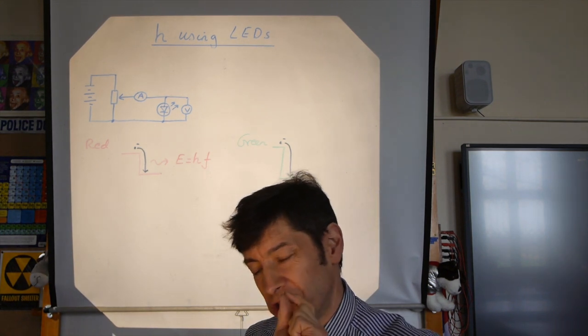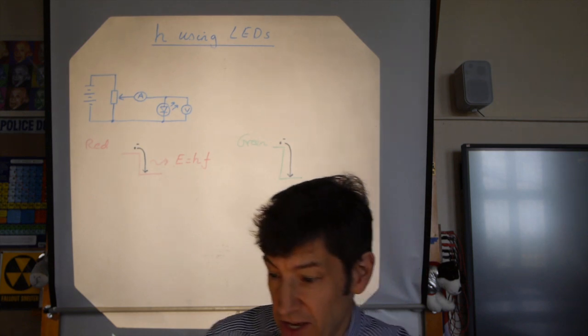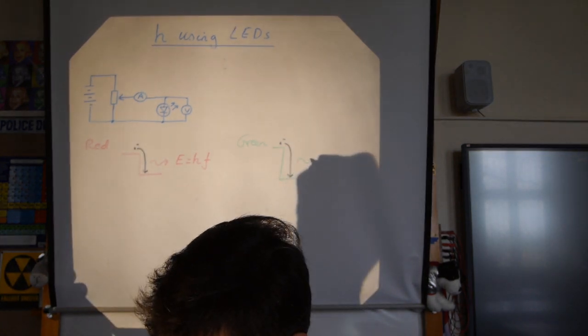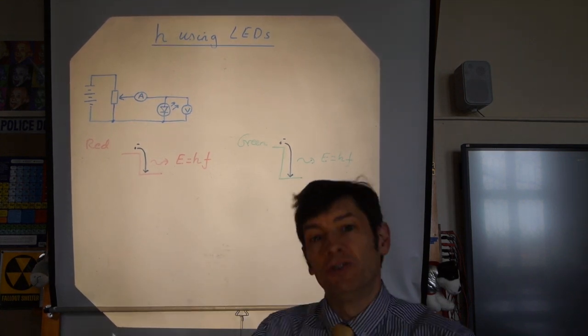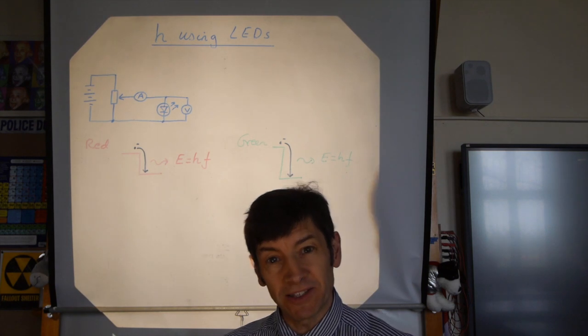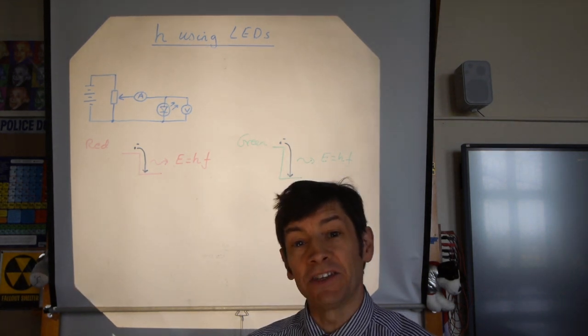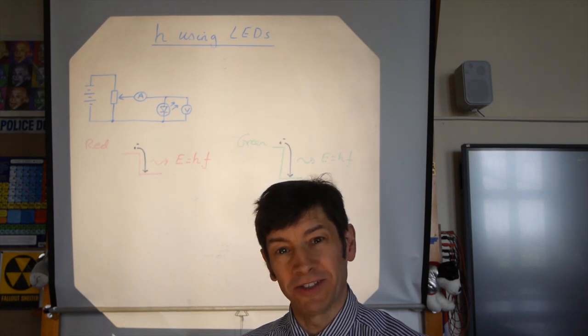And if the voltage is just enough, they will fall down and release a single photon of light. And that, of course, again will be E equals hf. And I could draw this for blue, etc., but I think you get the idea. So now let's look at the data that we got and see how we can graph that to work out what Planck's constant is.